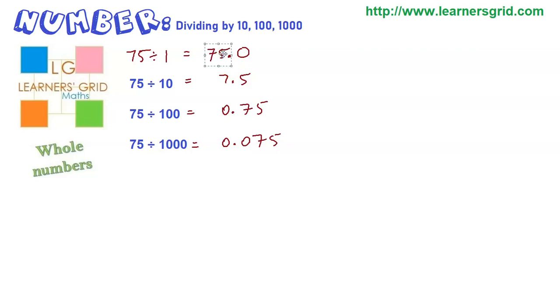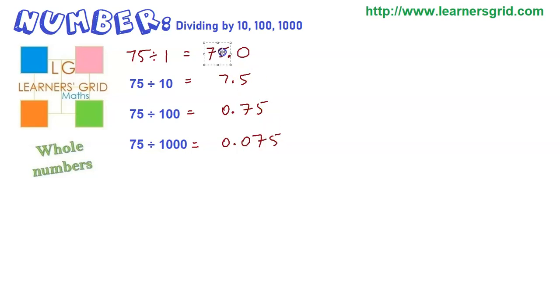And when I divided by 100, they moved across by 1, 2 spaces. And when I divided by 1,000, it moved across 1, 2, 3 places.